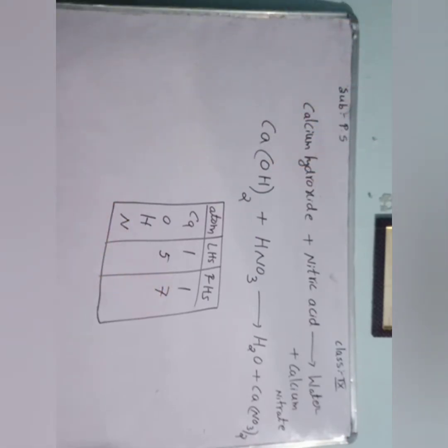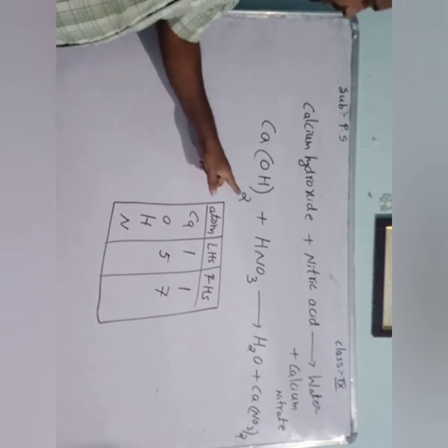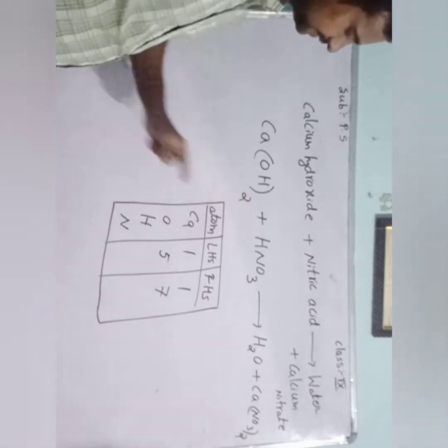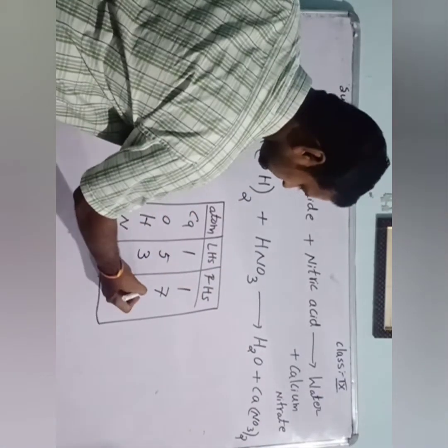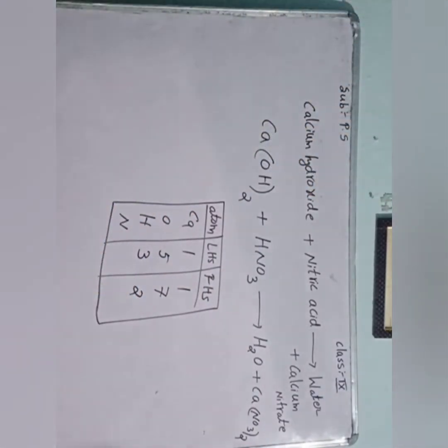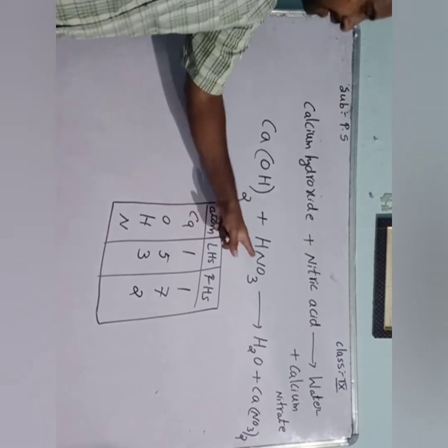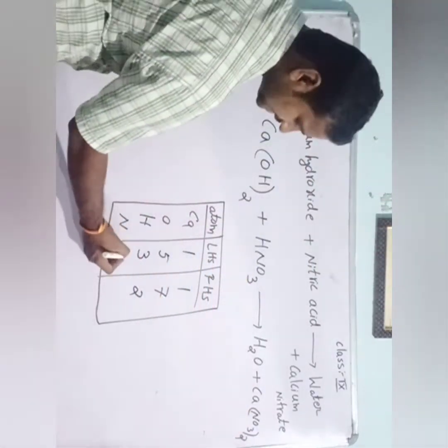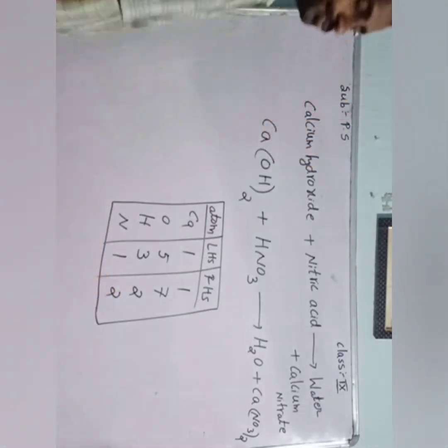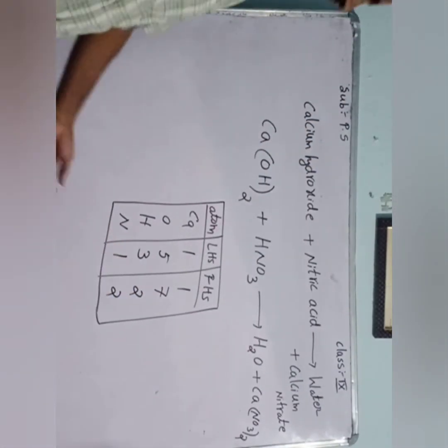Now count the hydrogen atoms. Here 2 and 1, 3 atoms. Here only 2 atoms. Now count the nitrogen atoms. Here 1. Here N are 2. So LHS 1, RHS 2. So here it is an unbalanced equation.